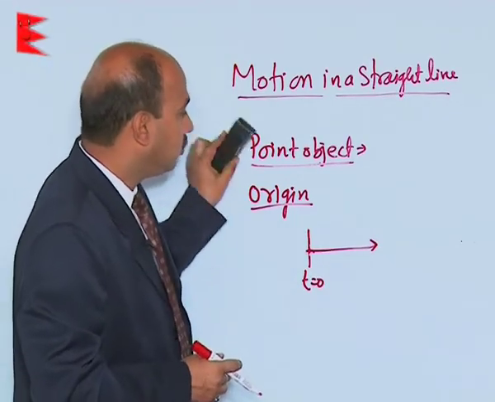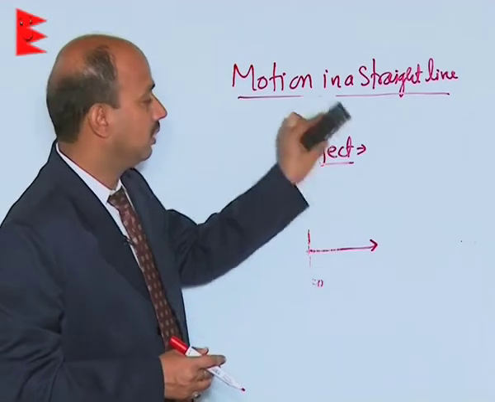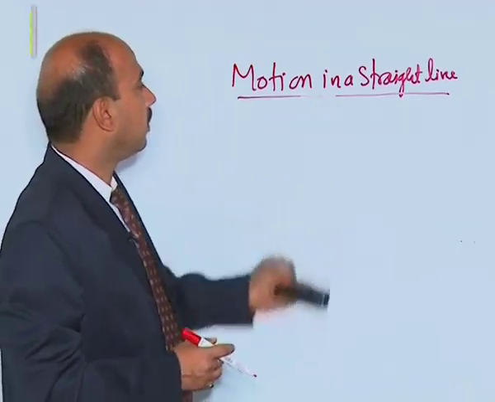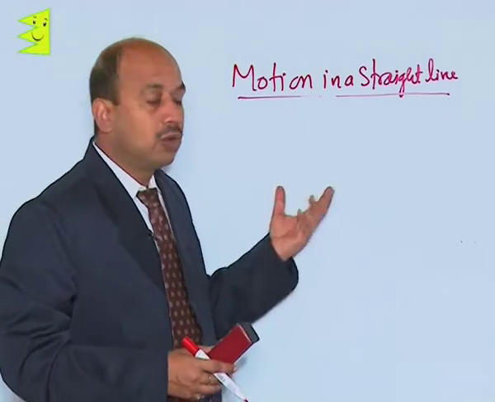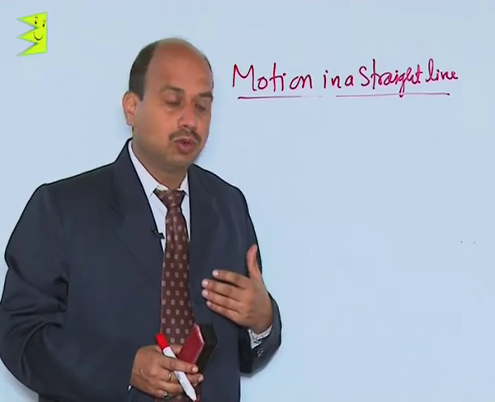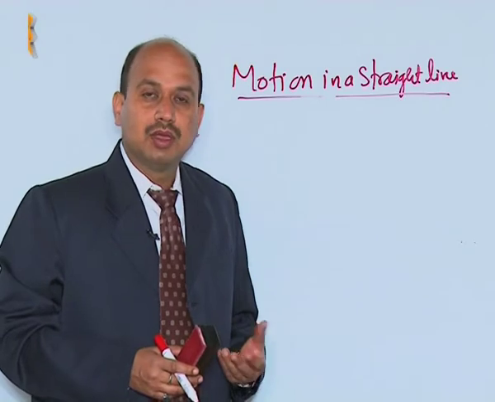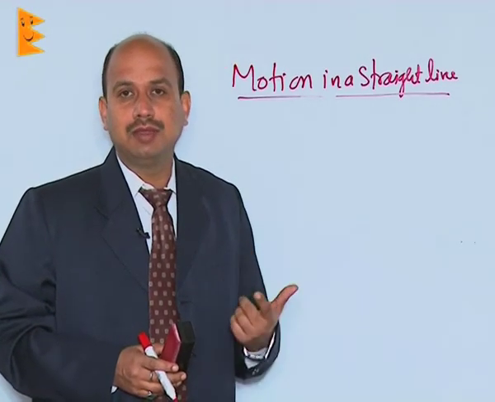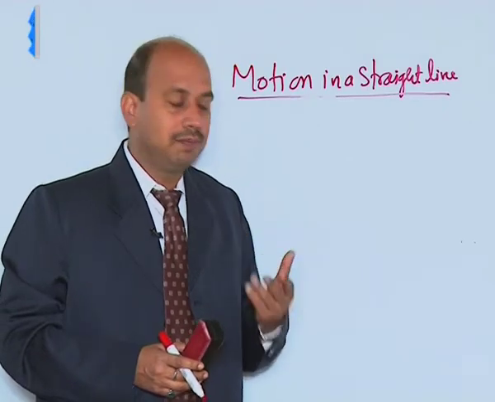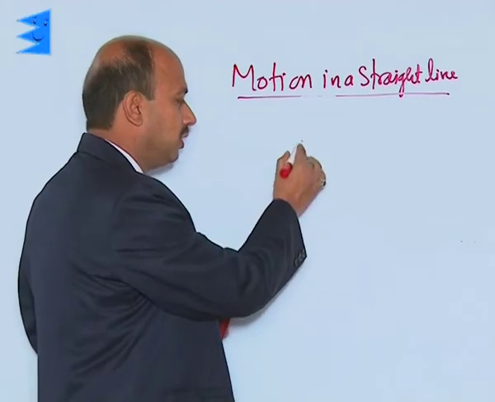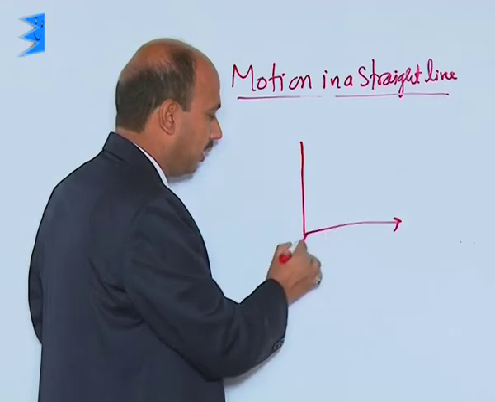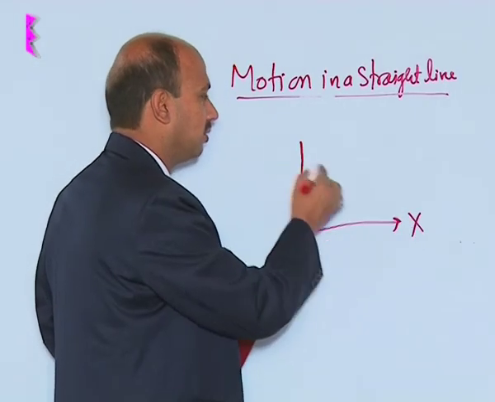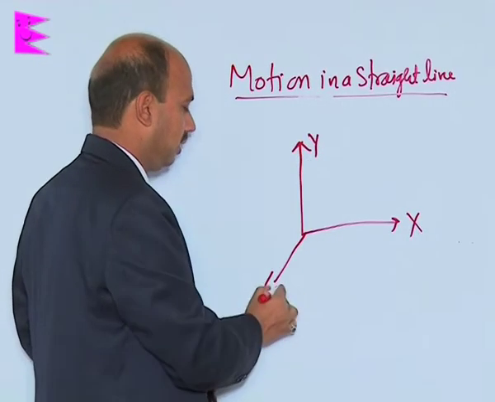Now after the point sized object and origin, we have to come to the different types of coordinates. Suppose you want to study the motion of the object in space, so you have to choose first three coordinates, like these rectangular axes x, y and z.